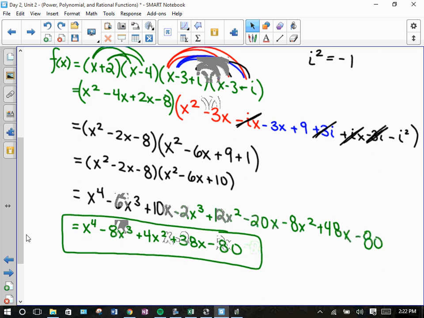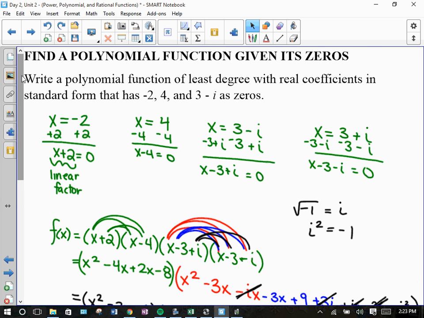That's 4 zeros. Exponent is 4. Makes sense. Look at this. 1 sign change, 2 sign changes, 3 sign changes. So that means that this polynomial either has 3 positive real zeros or 1 positive real zero. I guess it has 1 positive real zero.